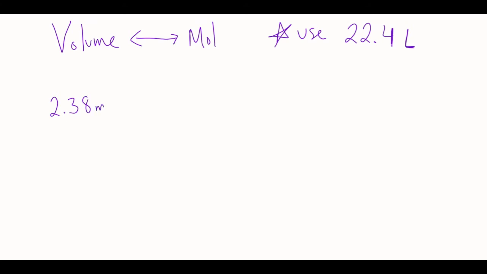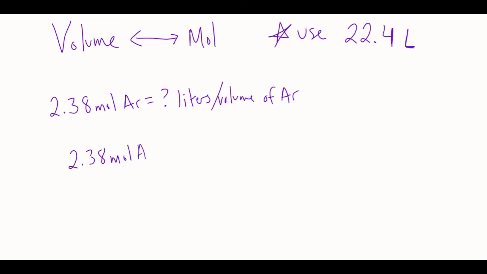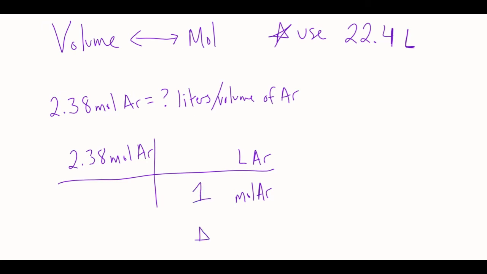So we have 2.38 moles of argon is equal to how many liters of argon, or what is the volume of argon? Okay, so we have 2.38 moles of argon. Diagonal matches, so we get moles of argon on the bottom. And we want liters of argon. So we're going to put a 1 for the mole.